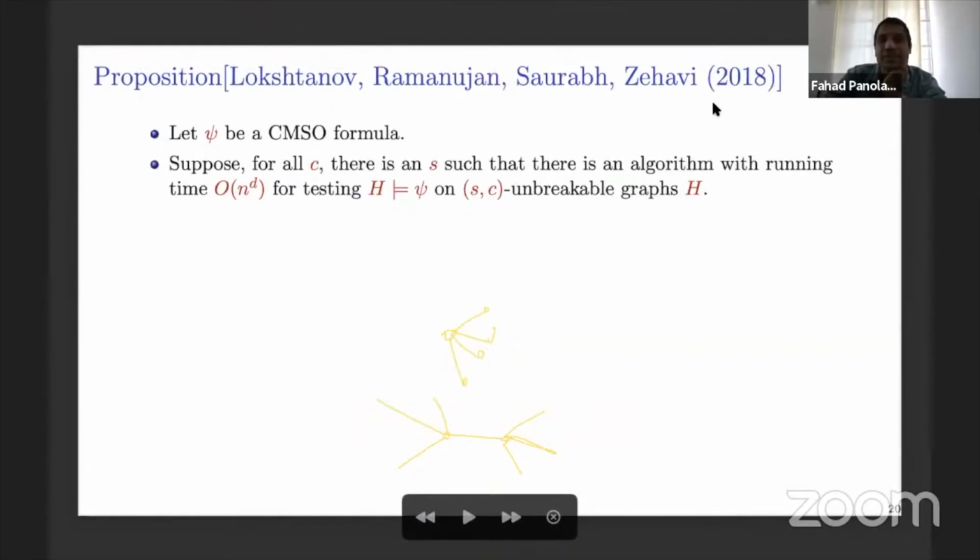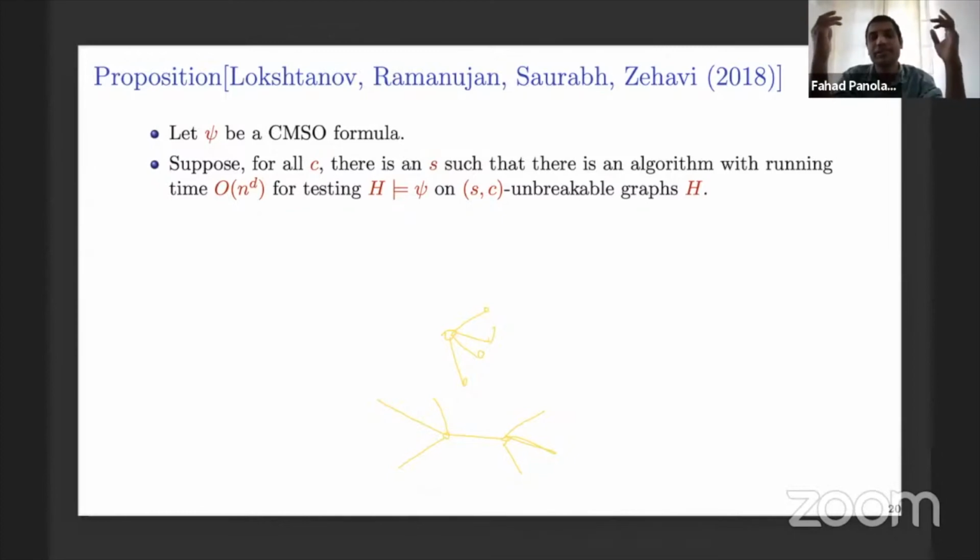Then the theorem says the following. Here I will be a bit vague. CMSO means counting monadic second order logic. Suppose we have a formula phi, which is a CMSO formula. Those who haven't seen CMSO, just assume it means some specific kind of graph properties.